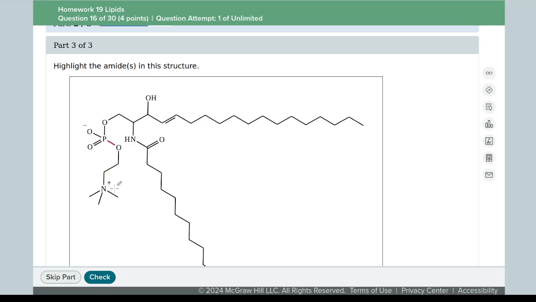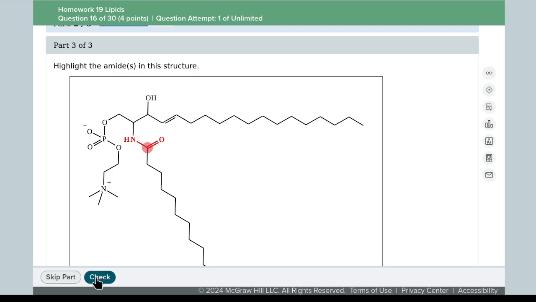Highlight the amides. It's a little different from highlighting an ester. For it to be an ester, I would need to include the carbon here beyond the what would be an O, but it becomes an amide just by attaching an N to the carbonyl, and I don't need to go beyond that.